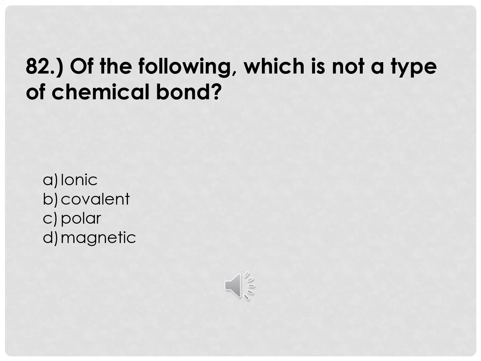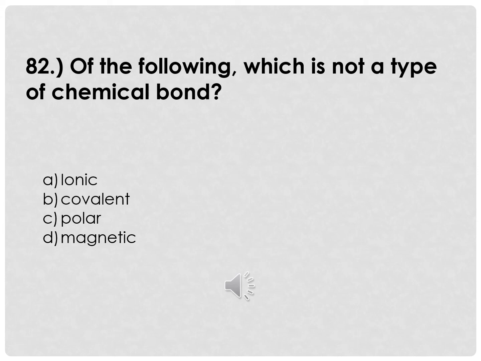Of the following, which is not a type of chemical bond? The bonds that you should be familiar with going into the TEAS exam are ionic bonds and covalent bonds. Ionic bonds happen when one atom donates electrons to another atom. Covalent bonds are when two atoms share electrons.